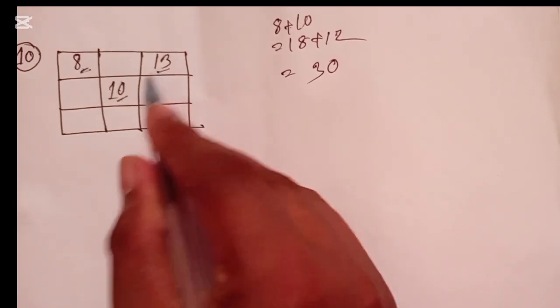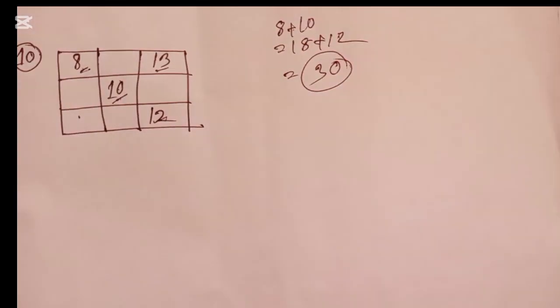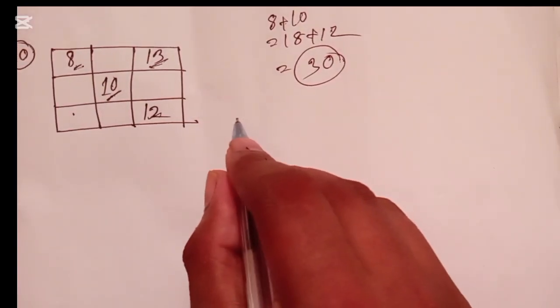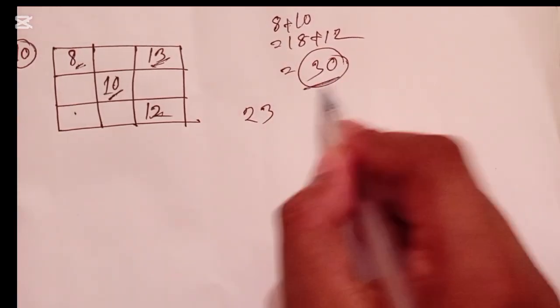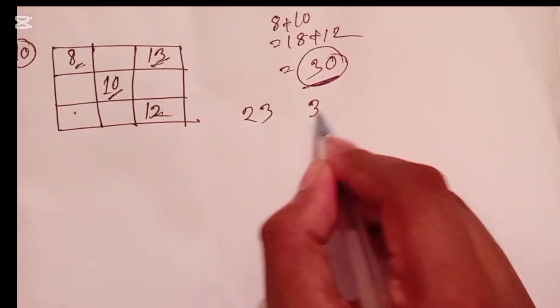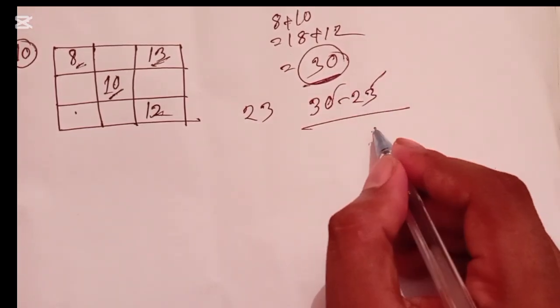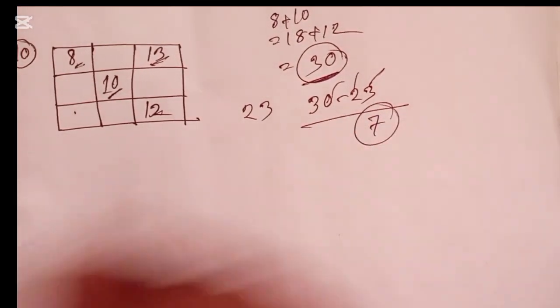If we add 13, 10, and here will be a number, and if we add these three numbers, it will be 30. So just think about this. 13 plus 10 is how much? 23, and our total will be 30. So if we subtract 23 from 30, 0 minus 3 we can't, so 10 minus 3 is 7, carry 1, 2 and 1 is 3, 3 minus 3 is 0, so 7.